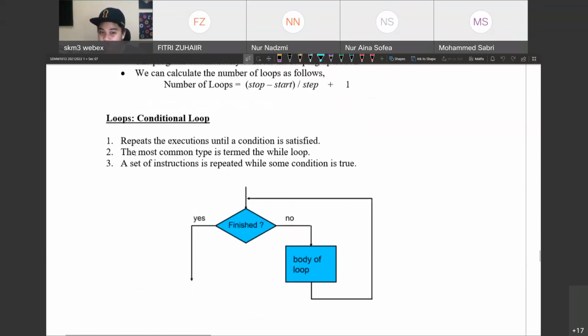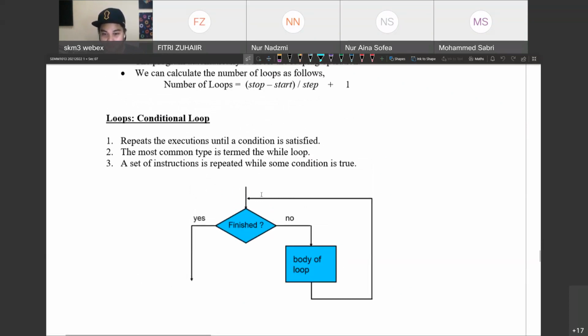So what is a conditional loop? It repeats the execution until a condition is satisfied. Based on this definition, it is based on a condition. The most common type, we call it a while loop. All right, don't get confused here. A set of instructions is repeated while some condition is true.